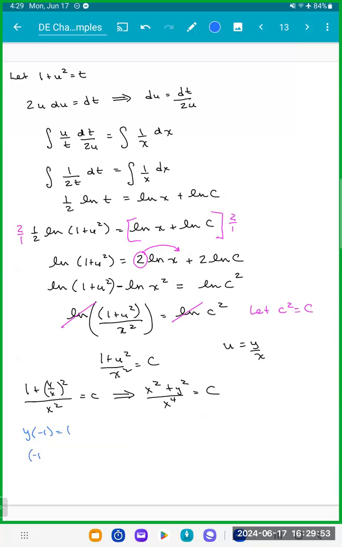So we have (-1 squared plus 1 squared) over (-1) to the 4th is equal to c. So that is 1 plus 1 over 1. So that's 2 over 1, which is 2, which is what our c is. Therefore, we have x squared plus y squared equals 2x to the 4th.